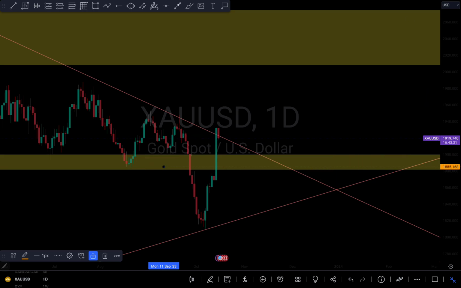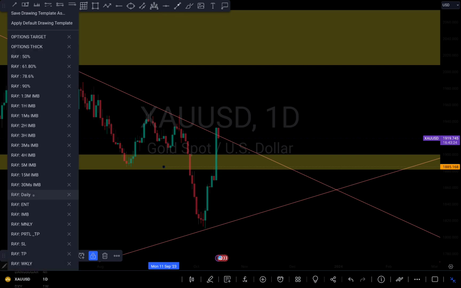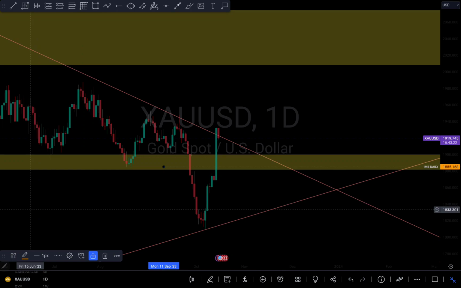So what I do is, because I might still get more ray lines along the way, I like to identify my ray lines. So now you can see that I've identified my ray line to the daily time frame. So even when I go below it, I know this is a daily imbalance that I'm looking forward to.